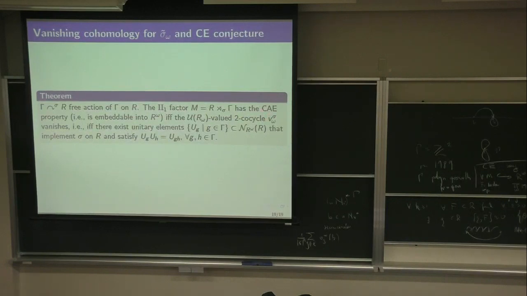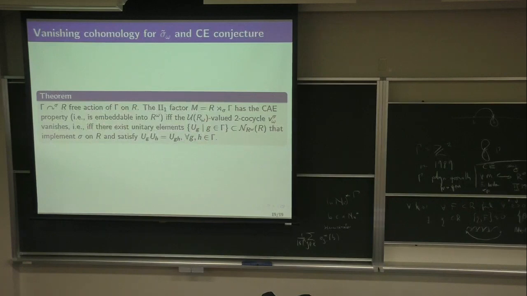I call it CAE, for Connes approximate embedding. People in general put just C, Connes embedding. It's true that Connes embedding is automatically approximate, so you can read it that way. It's an actual embedding in R omega if and only if this 2-cocycle vanishes.